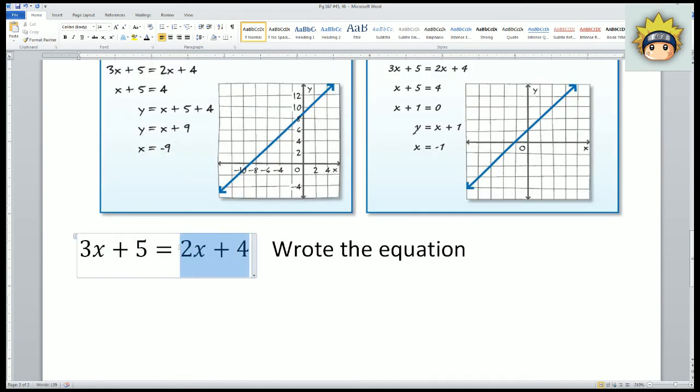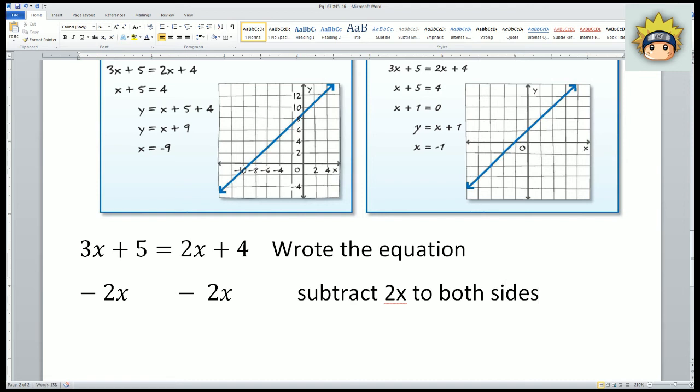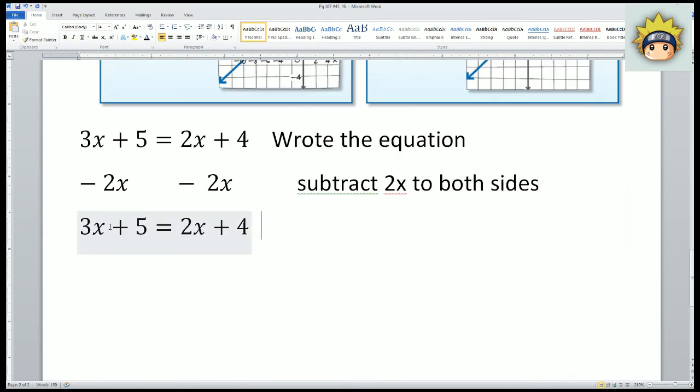Let me put all the variables on one side, so I subtract 2x from both sides. I'm trying to get the variable on one side, and I move the smallest value, which was 2x. This becomes 1x, 3x minus 2x, and I am left with this when I simplify.